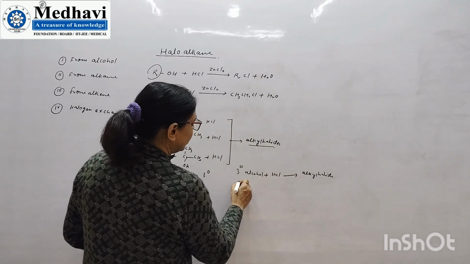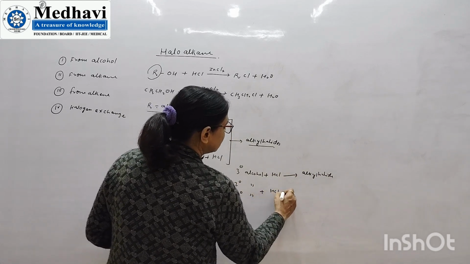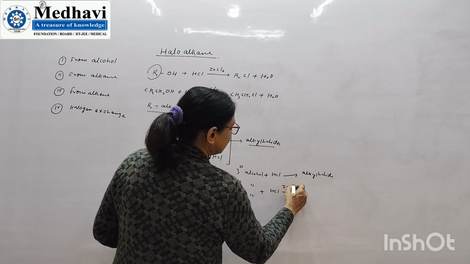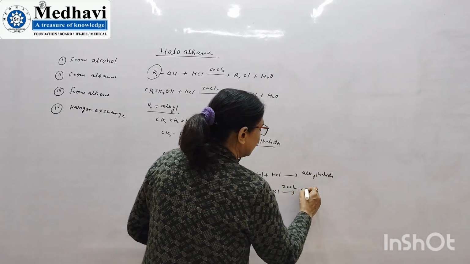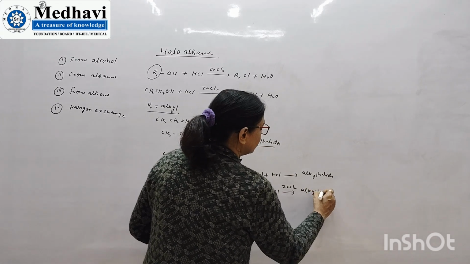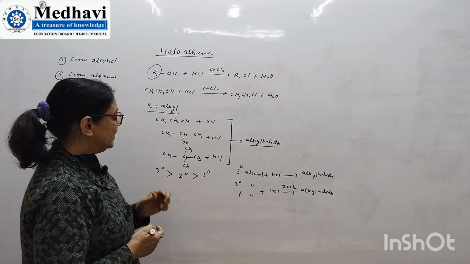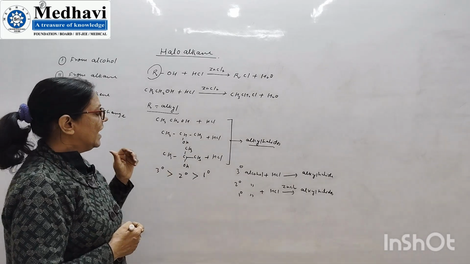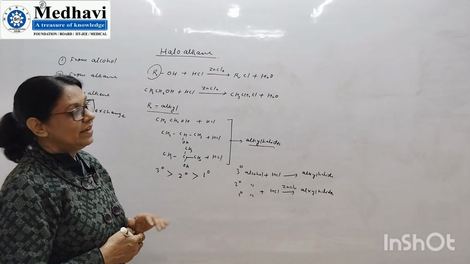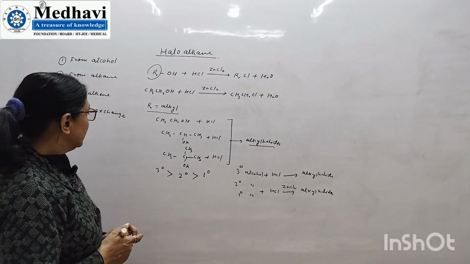But if we take 2 degree or 1 degree alcohol, we need a catalyst, ZnCl2, zinc chloride, and only then are alkyl halides produced. So the reactivity of 3 degree alcohol is more than 2 degree, and 2 degree is more than 1 degree. This is a question that can be asked in the board exam.